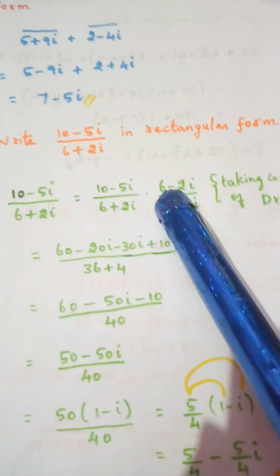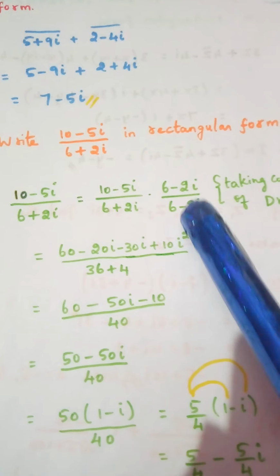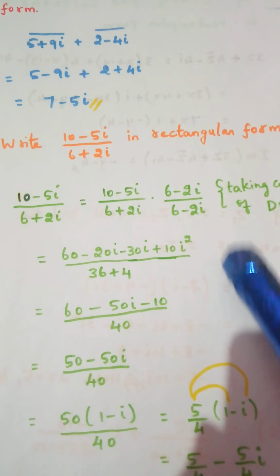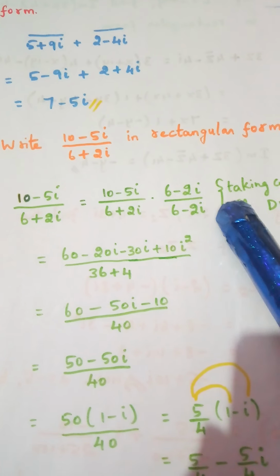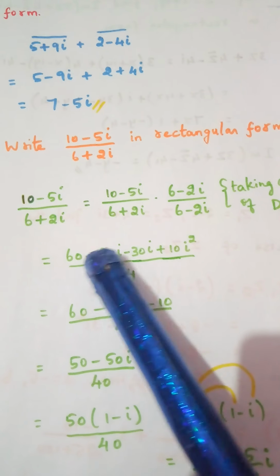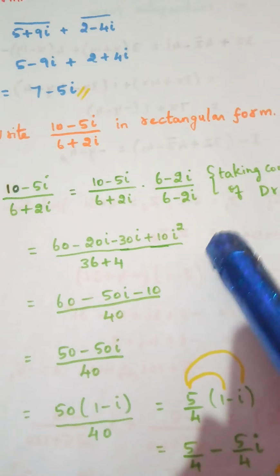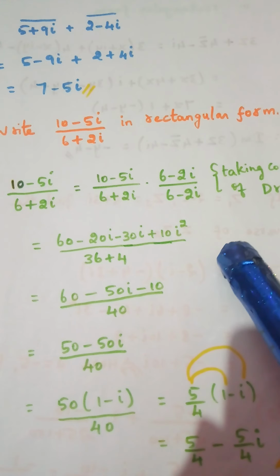If you don't know, you just multiply as you have done in the numerator. In the same way, multiply in the denominator also, you will get this answer. I have not written the formula here. What is the formula? a plus ib into a minus ib is equal to a square plus b square. That is how 36 plus 4 comes. Even in your classroom, write in the rough column a plus ib into a minus ib is equal to a square plus b square.